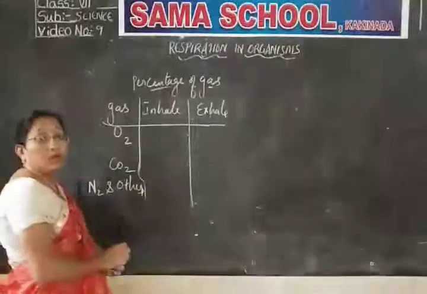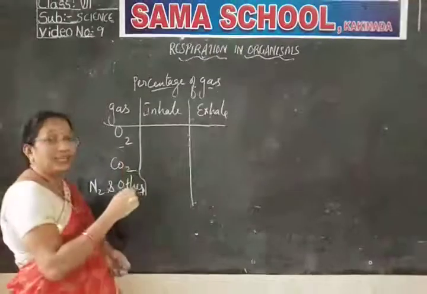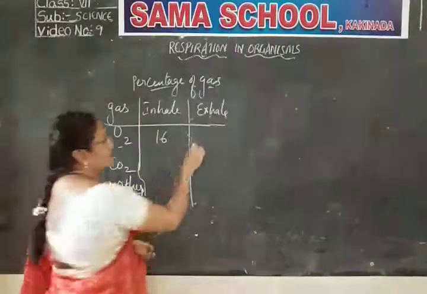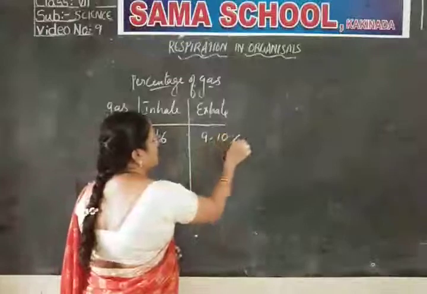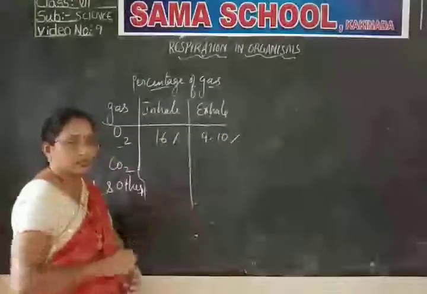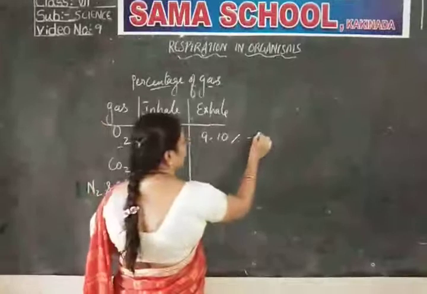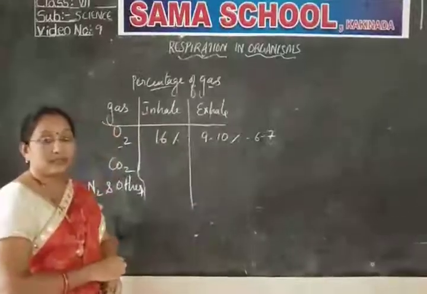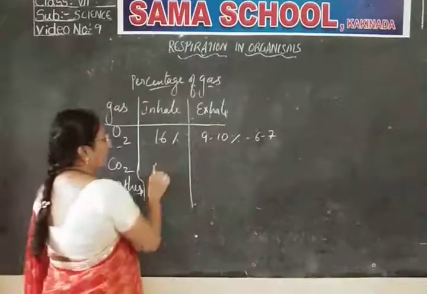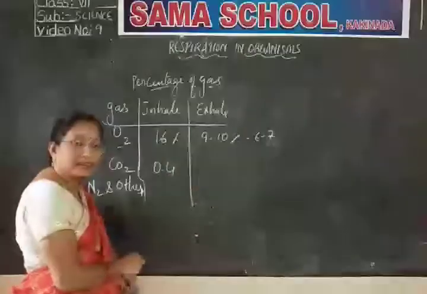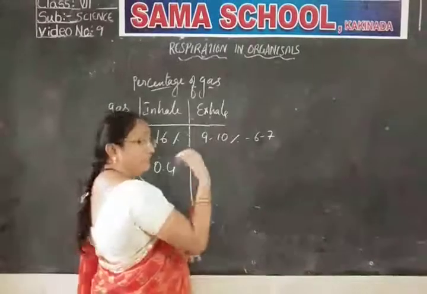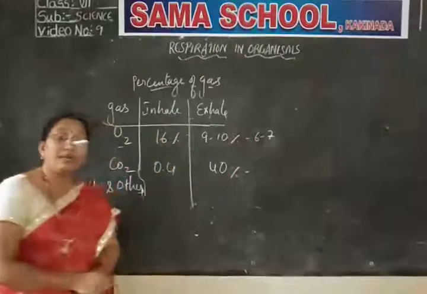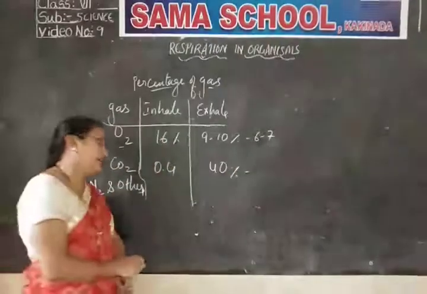While you inhale, oxygen is 16%, but on exhalation only 9 to 10% comes out. The remaining 6 to 7%, where is it? What happens? Carbon dioxide is only 0.04% when we inhale, as we know, but about 4% comes out when we exhale.